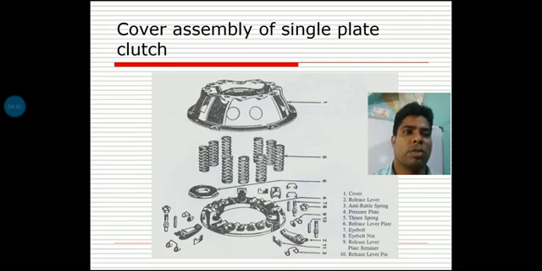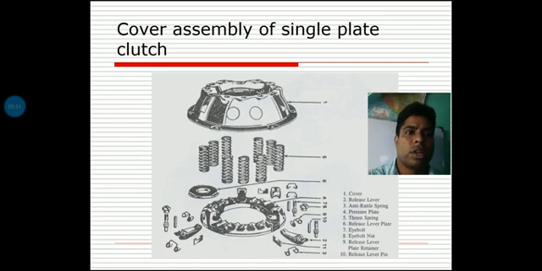Next, point number seven is the eye bolt, which is used to hold two different parts of different shapes. Next is the eye bolt nut. Nut and bolt are connected with the eye bolt type, so the eye bolt and nut are engaged for the same purpose.